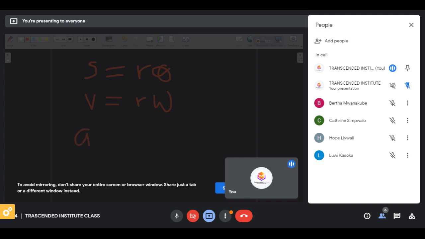So our acceleration is also equal to radius multiplied by angular acceleration. So angular acceleration, just like we know, acceleration is final velocity minus initial velocity divided by time. So even angular acceleration is omega final, which is angular velocity final, minus initial divided by the time.